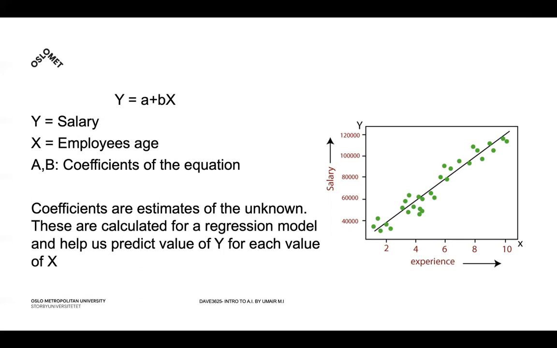So what some programmers want to do is, if you provide them the age of a person, they'll then predict how much salary the person can make. And the coefficients are the estimates of the unknown. That's something the model will calculate for you.